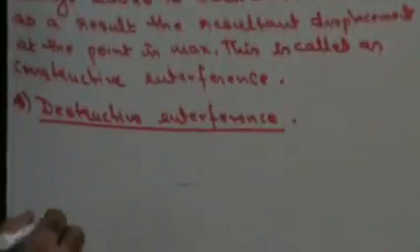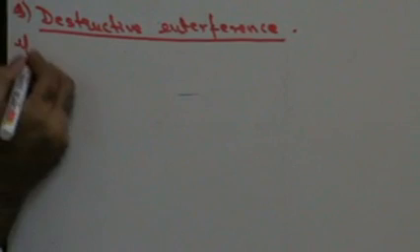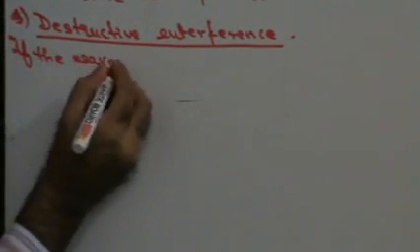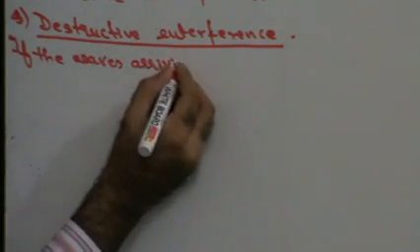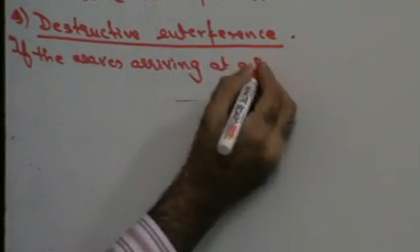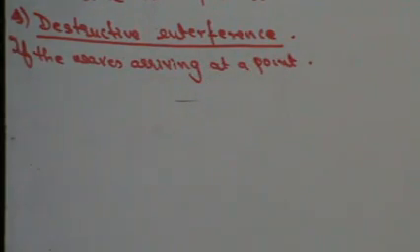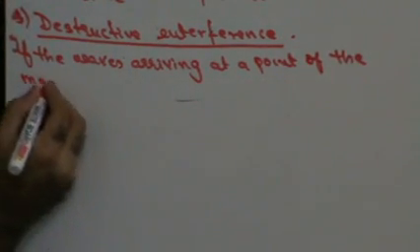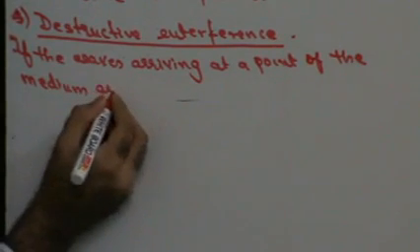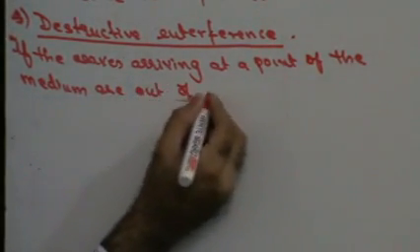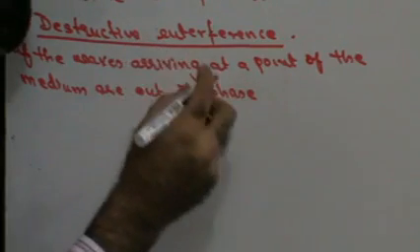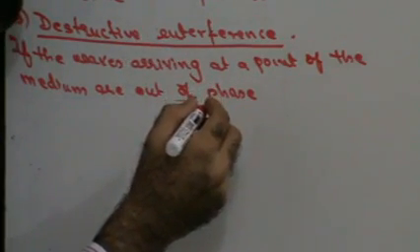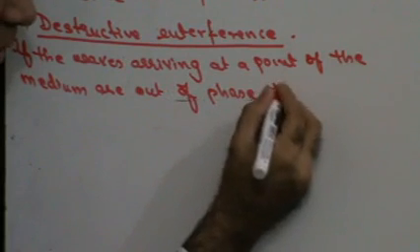What is destructive interference? If the waves arriving at a point of the medium are out of phase, their displacements always oppose each other.